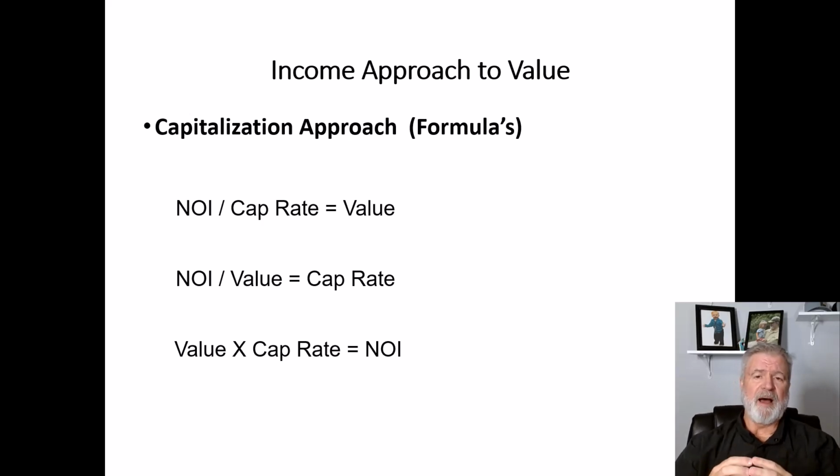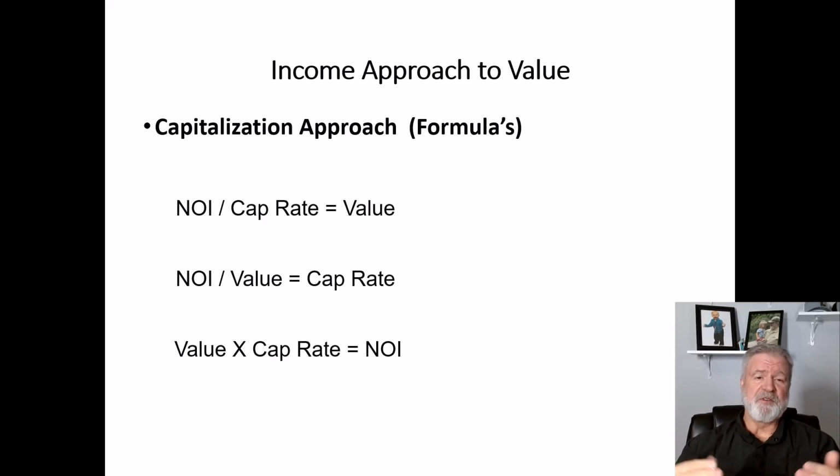Now, if you think about this, it's pretty simple. And typically, if you're going to be doing this, trying to determine the value in this way, and it's an income producing property, what do you think is always the first thing I need to know about that property? What's the income?